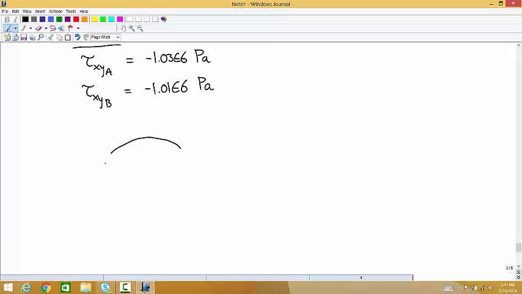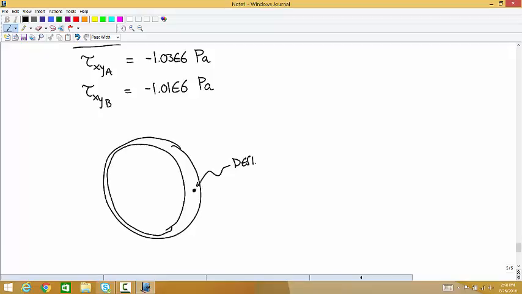The wall still has to be thin, but say you wanted to calculate the stress at this point here. That's your desired point. Then the thickness that you use is just this, and the median area you still calculate the same.